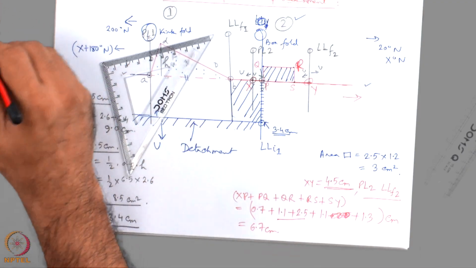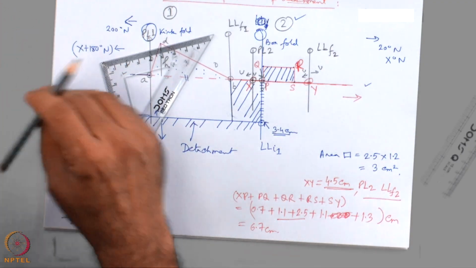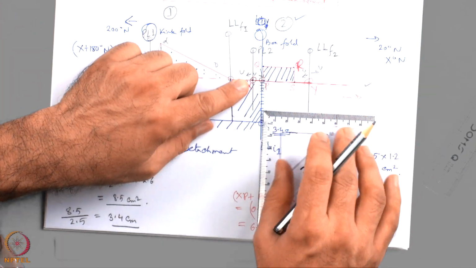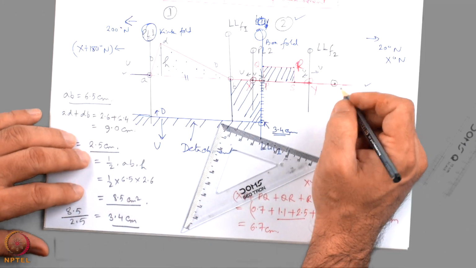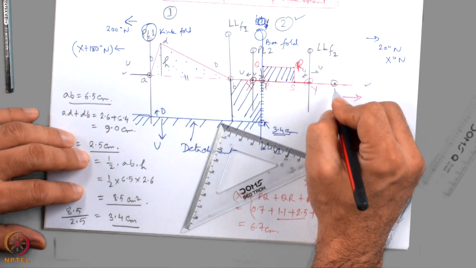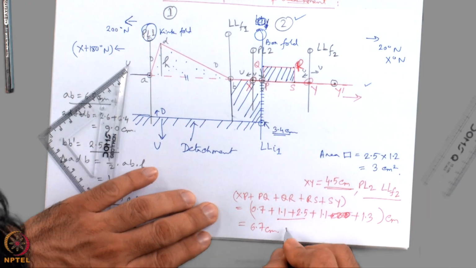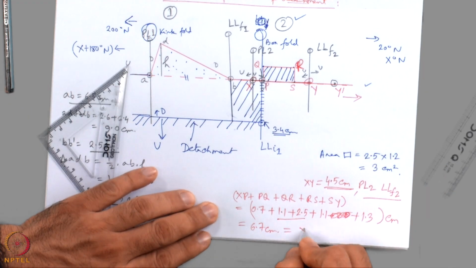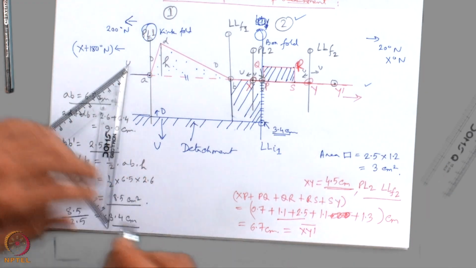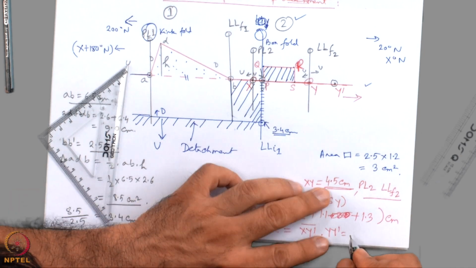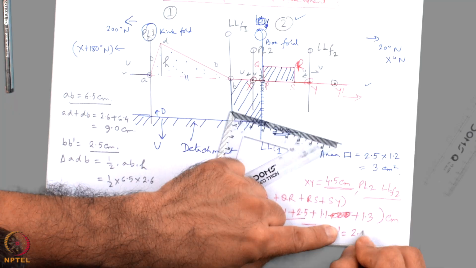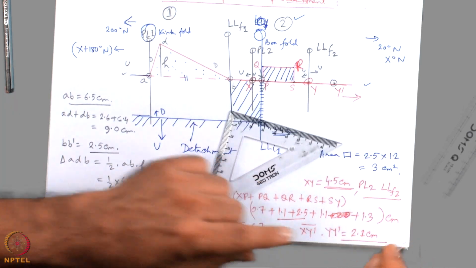Let us open this up. 6.7 centimeter length I will measure from point X towards this line and on the line. I reach at this point. Call it point Y dash. Here 6.7 centimeter is equal to the distance XY dash. Here I can find out the Y dash distance, which is equal to 2.1 centimeter.